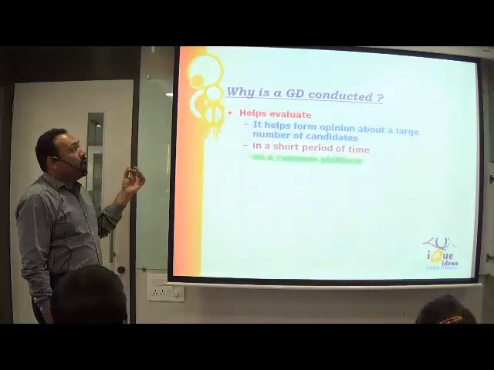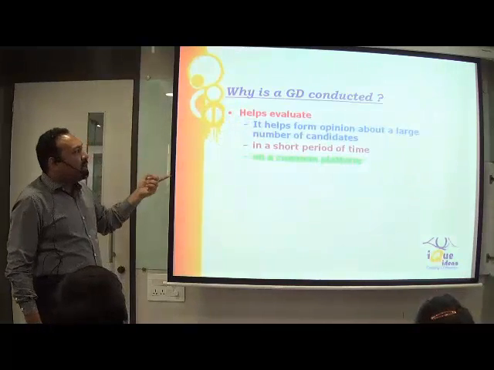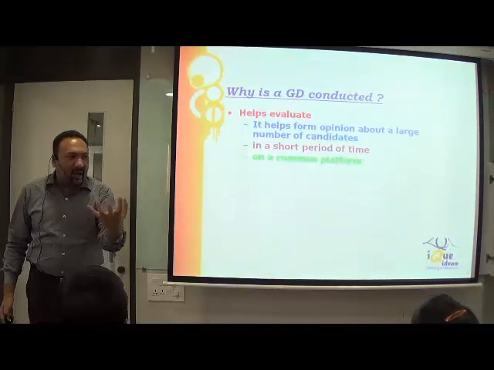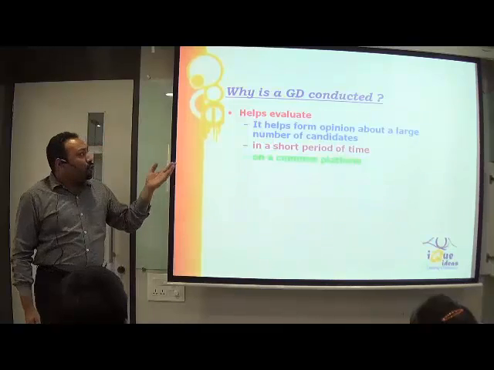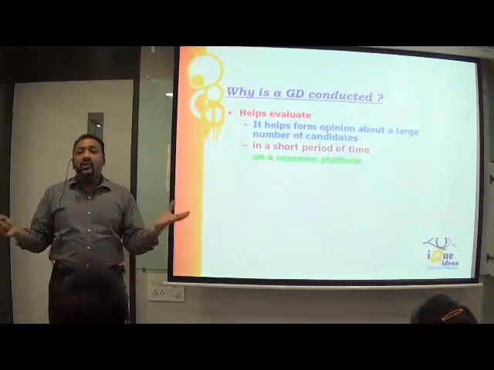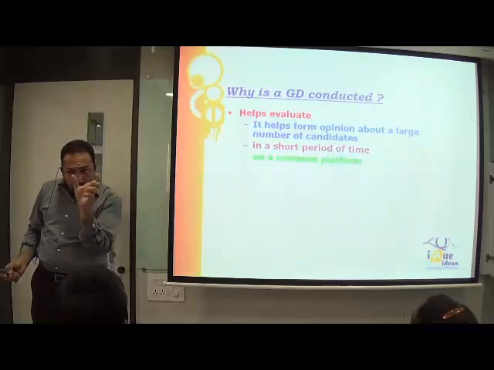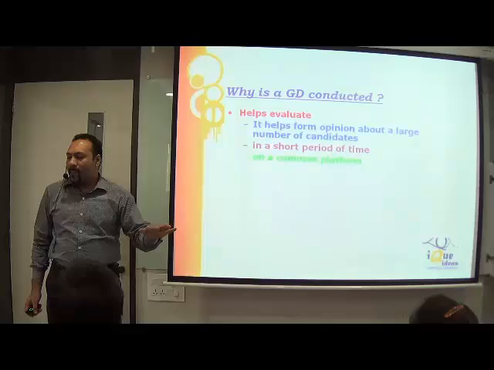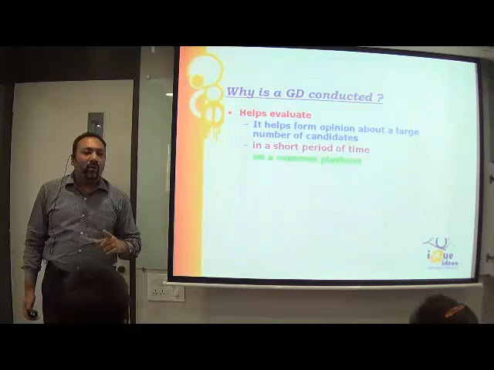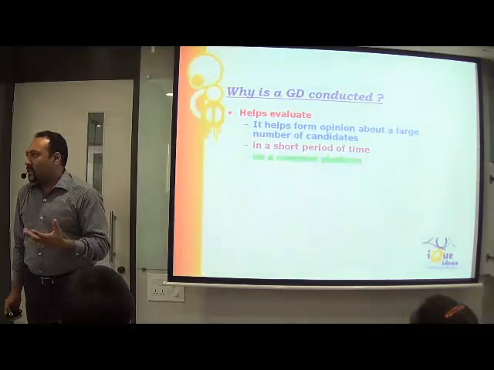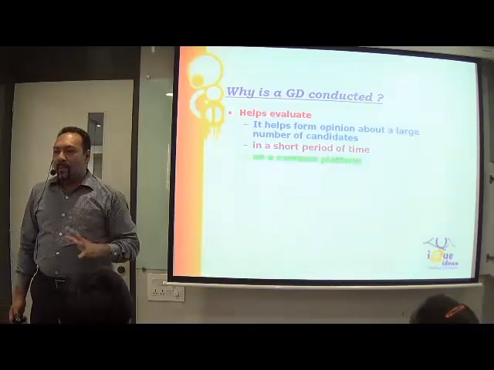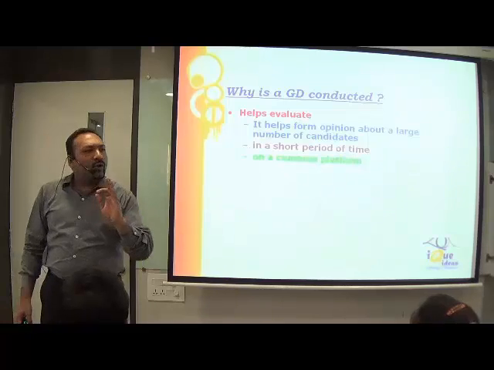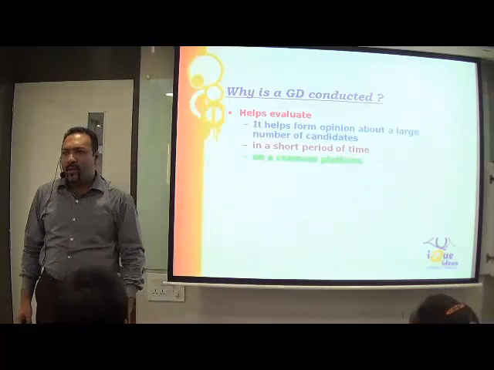GD is conducted which helps the observer or the psychologist or the HR personnel to form an opinion about a large number of candidates in a short period of time on a common platform. Now the other day, if you remember, I was talking about if you have to interview, let us say, 100 people. A good average interview would require around 30 minutes. A good interview.